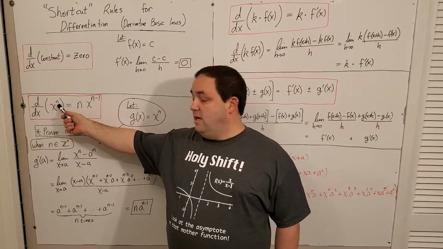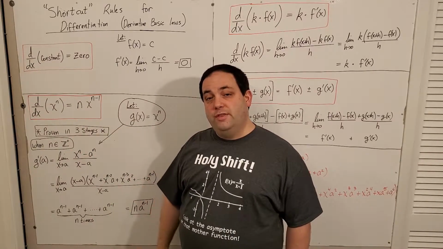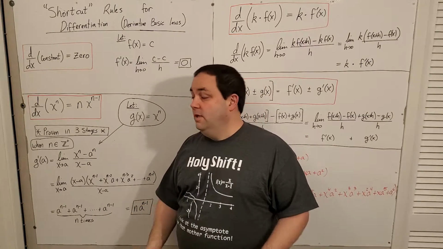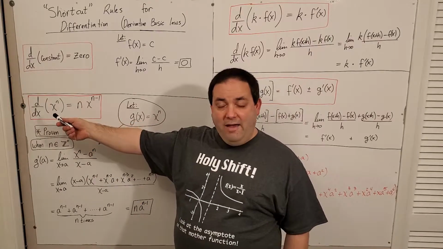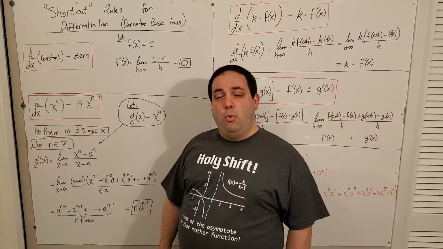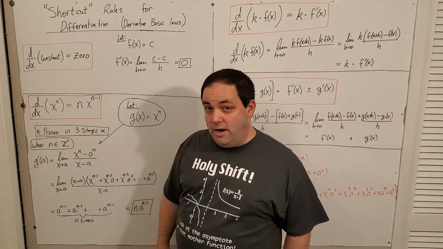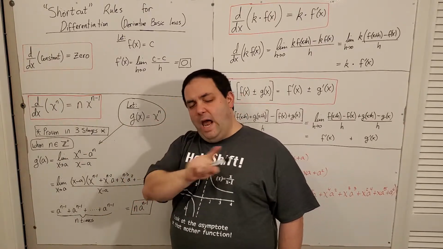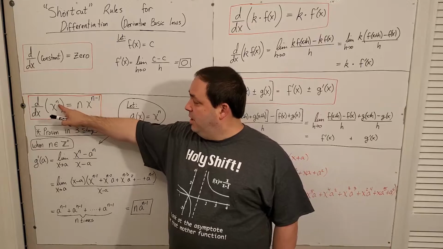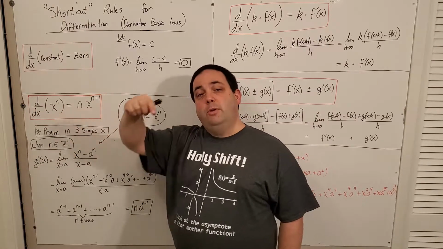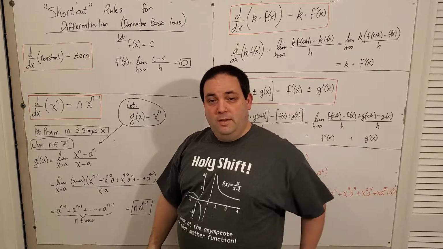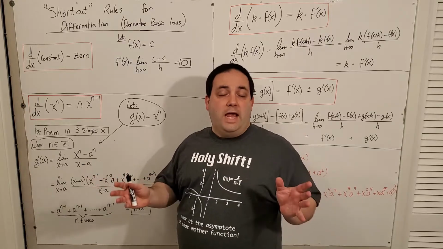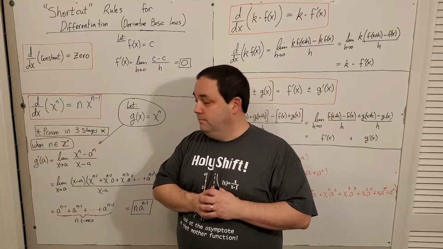It could be x to the 5th, it could be x to the 100th, it could also be x to the negative 5th or negative 100th, it could be x to the 1/2, it could be x to the 3.141592, the pi power. As long as n is just some number, n cannot be a variable, n is some number and it's in the power, and the variable is the base, x is the base, right? So this rule is quite powerful, all right? It works for any exponent on a variable x.